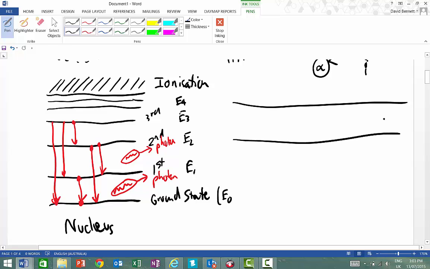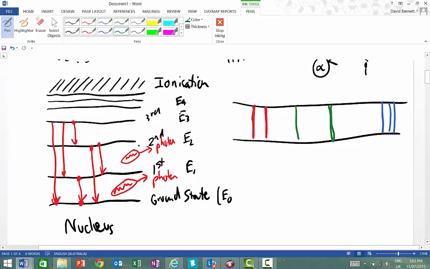When we look at the theory and observations in real life, in our line emission spectrum, we get a black background, and then we get particular lines that correspond to these things over here. These energies correspond to the particular energies between the electron shells.